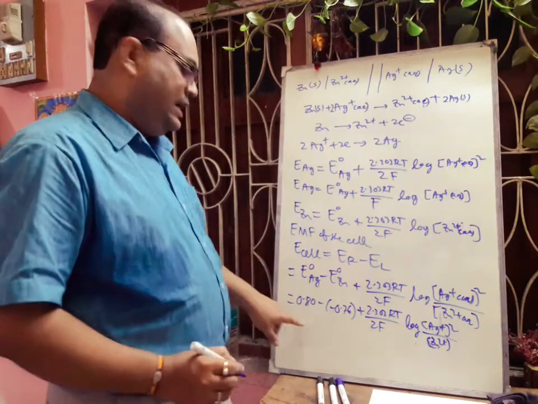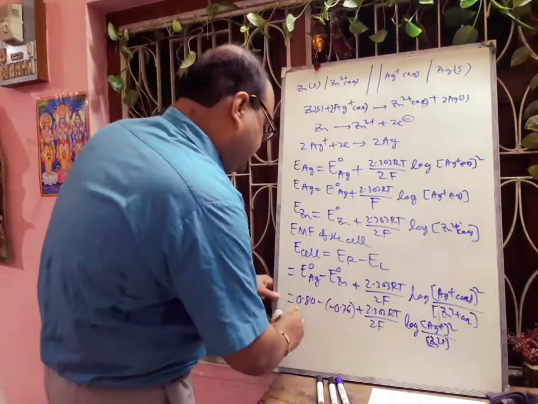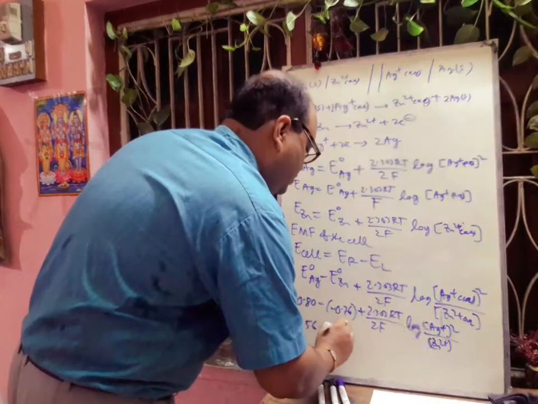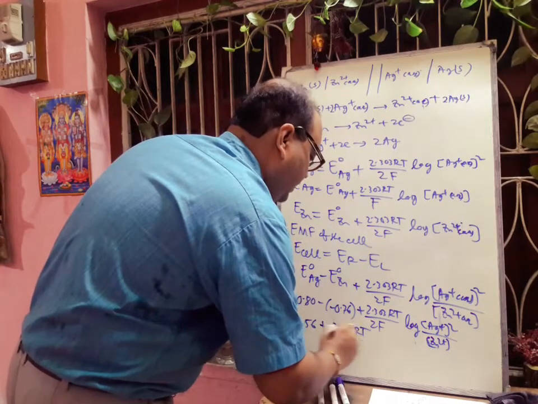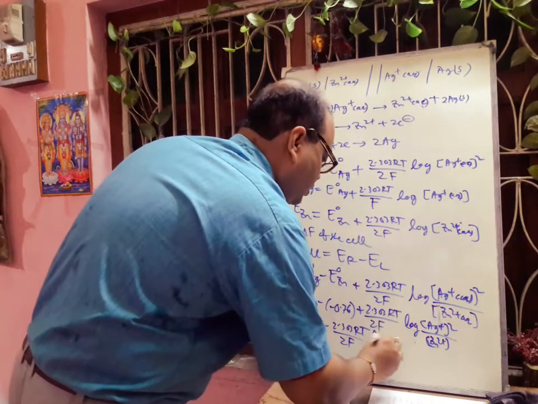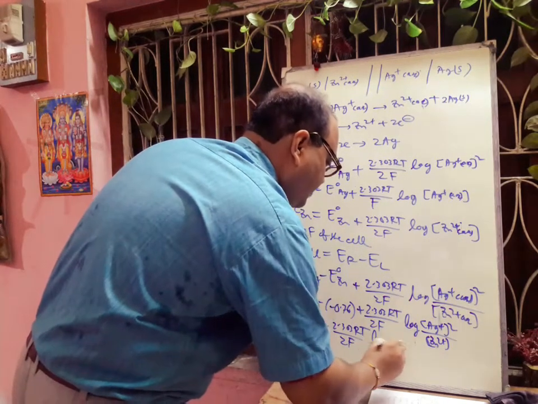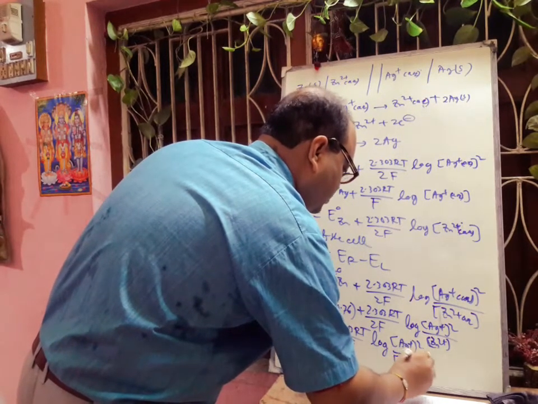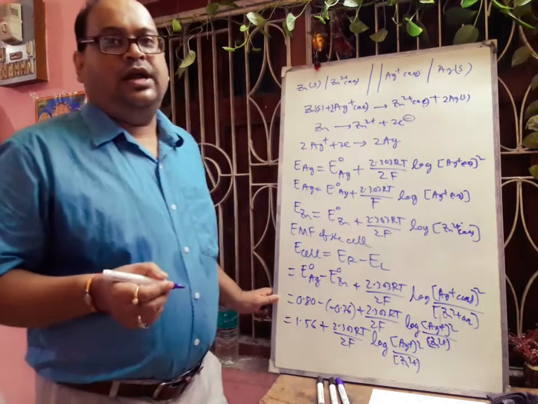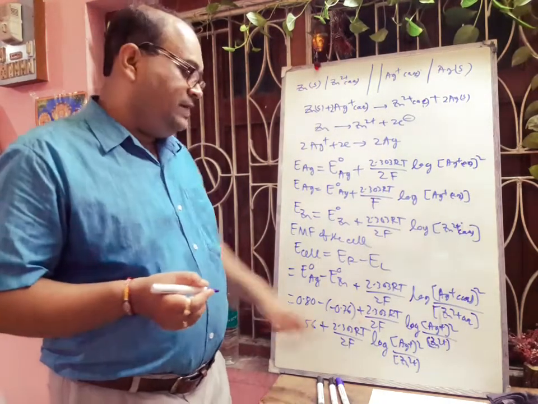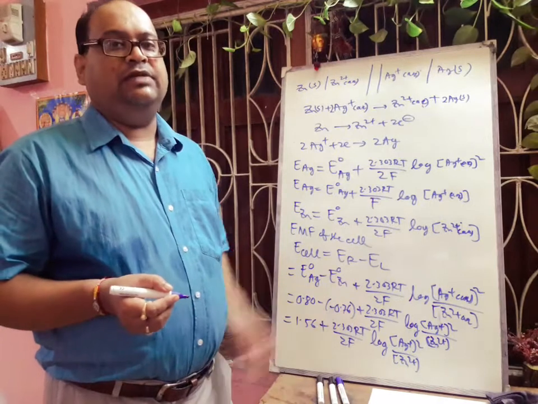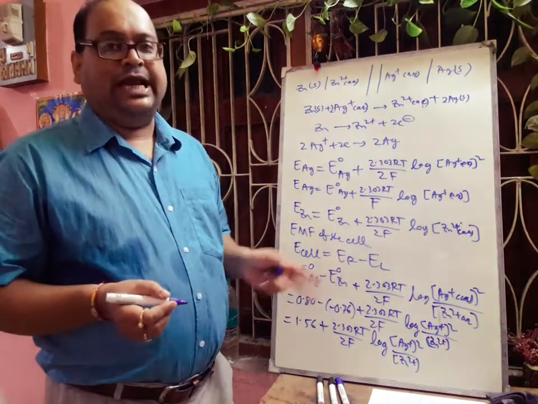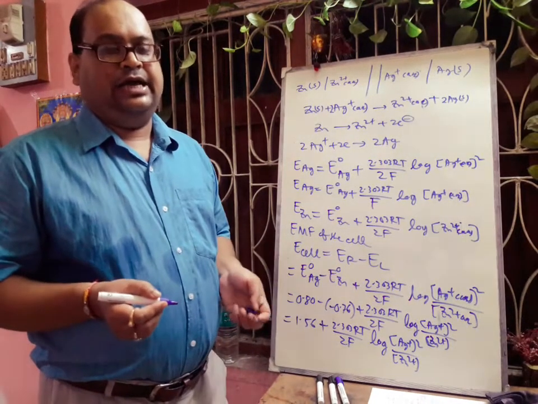Now if we calculate, we will get the value 1.56. So that will be 1.56 plus 2.303 RT by twice F log concentration of Ag+ squared divided by concentration of Zn2+. Now, if we know the concentrations of Ag+ and Zn2+, we can easily calculate the EMF value. In this way, for this Daniell type of cell, we can easily calculate the EMF.